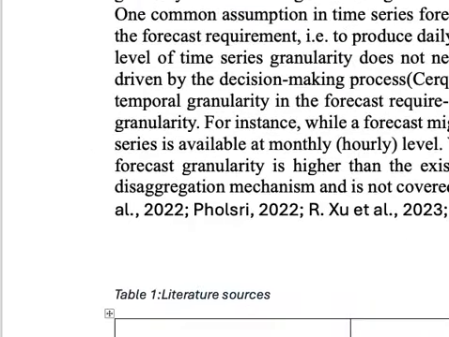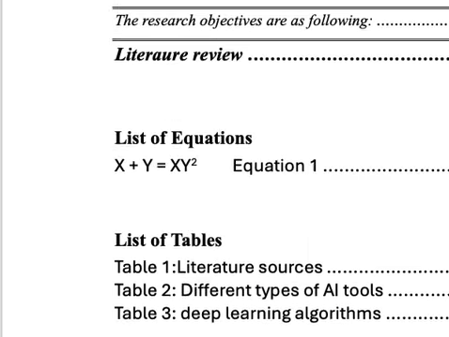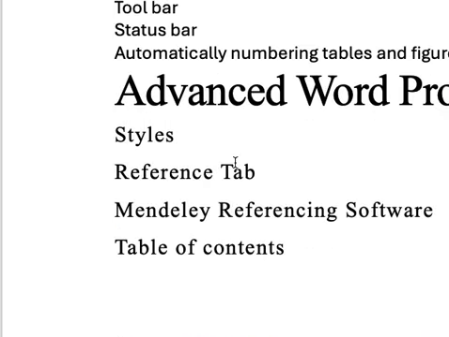So this is what we were talking about today. Just a recap, we talked about styles, we talked about the reference tab where we find most of the advanced tools that we were using today. We talked about the table of contents and updating the table of contents. We talked about inserting captions, figure captions.